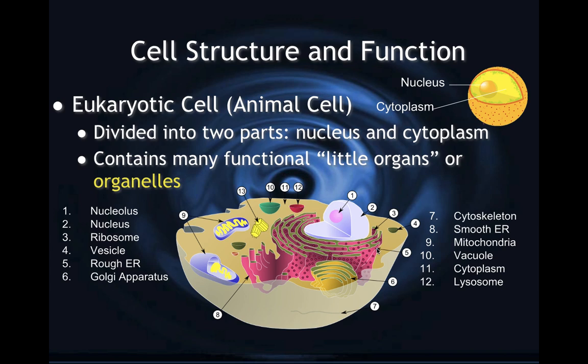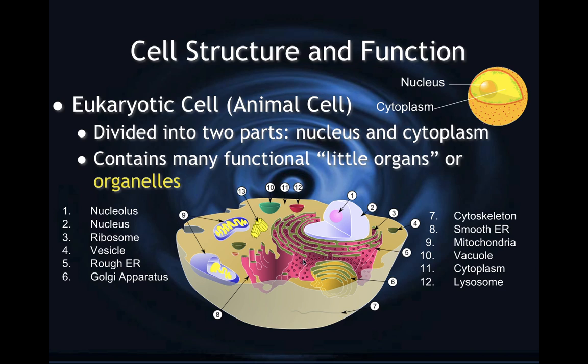Number 5, we've got the rough ER. ER stands for endoplasmic reticulum. And it's considered to be rough because it's covered in ribosomes. So it's got not a smooth surface, it's very rough.